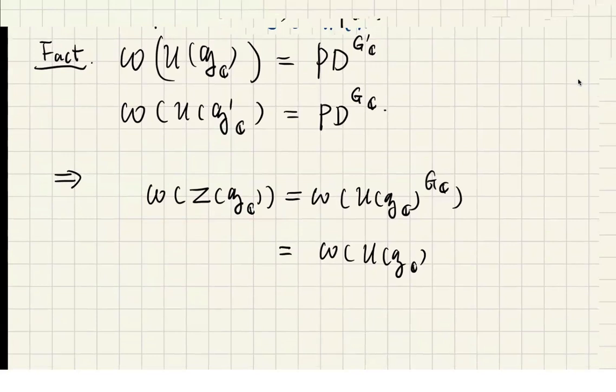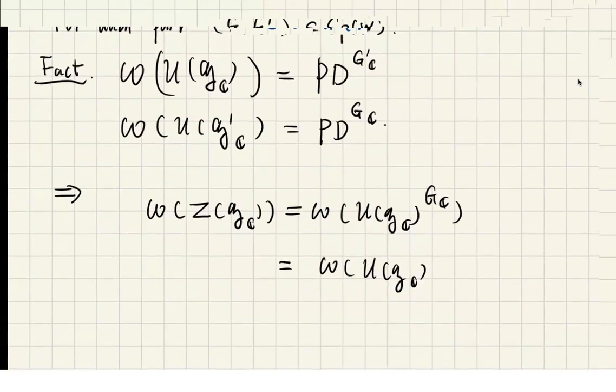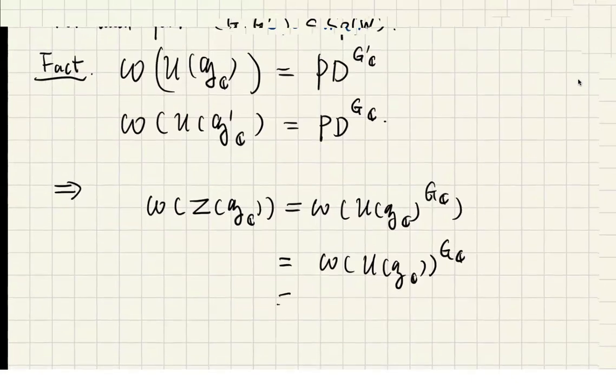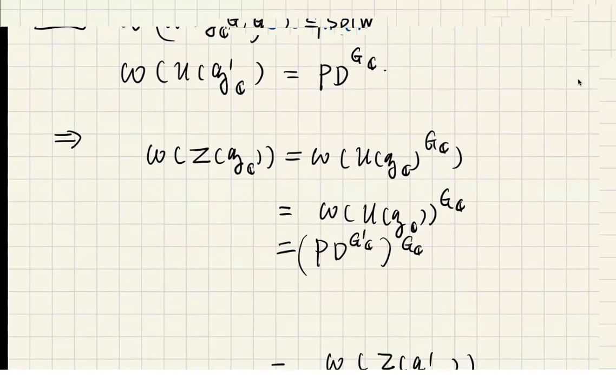But this is an algebra map, so you can take it as the G_C invariants of the image of the universal enveloping algebra. This is nothing but the polynomial differential operators, take G' C invariants, then take G_C invariants, which is nothing but the polynomial differential operators G_C cross G' C invariants.